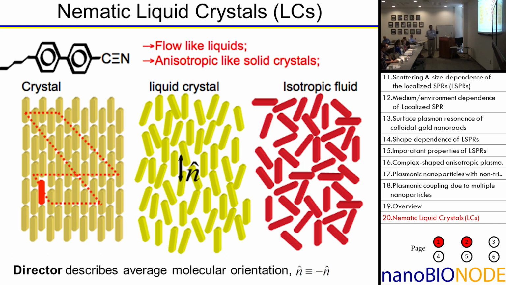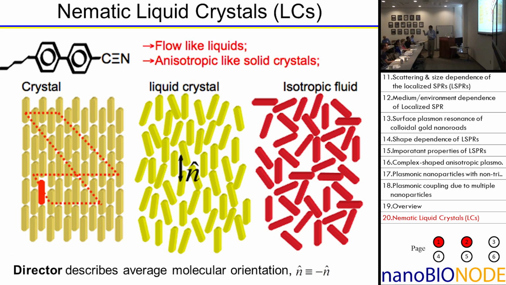What are those interesting materials that stand in between isotropic fluids and solid crystals? They combine properties of both, because they have anisotropic properties like crystals do, but at the same time, they can also flow like liquids do, right?